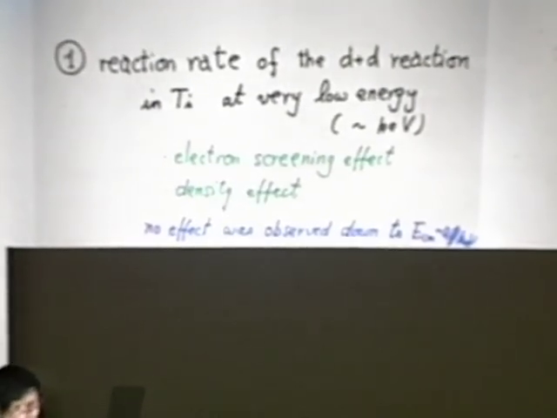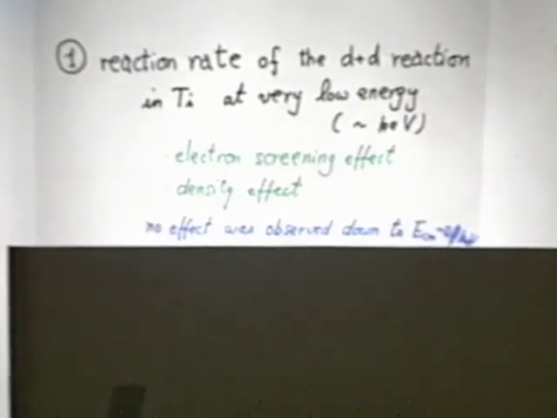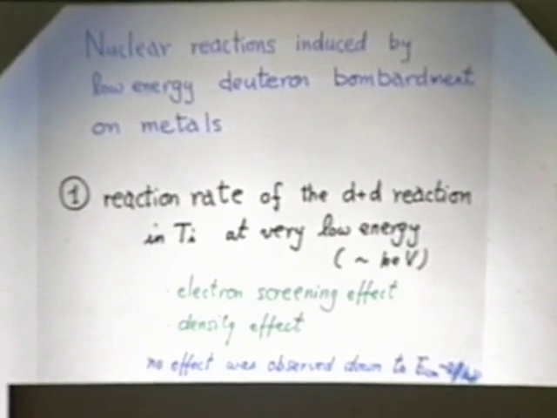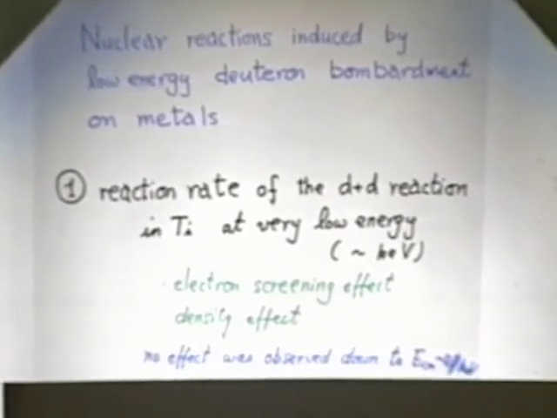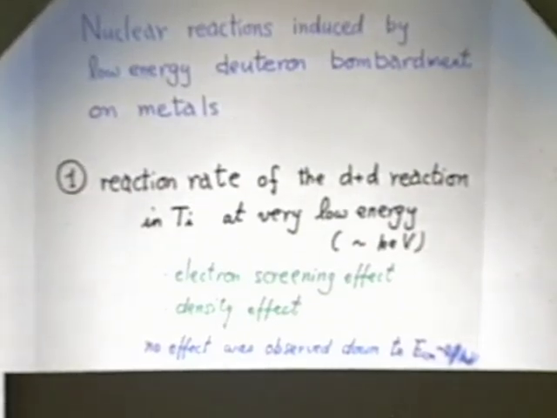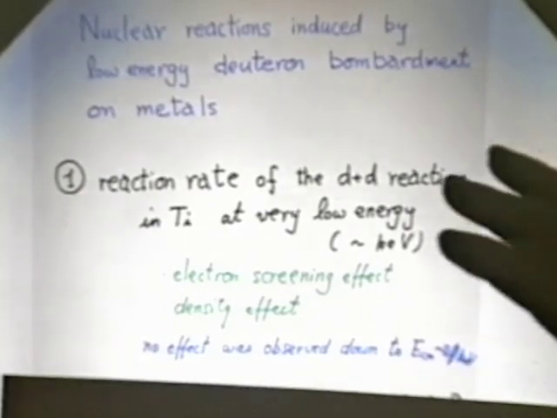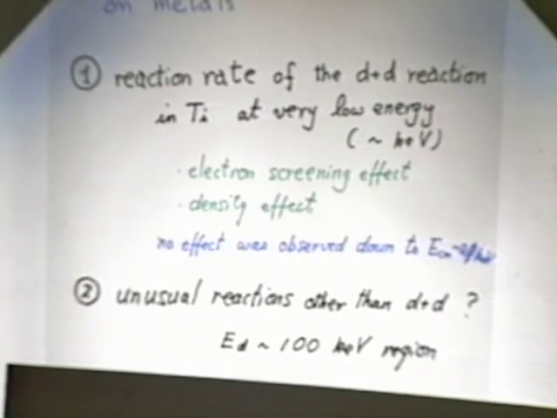And for example, if we lower the incident energy, of course we can expect that the electron screening effect cannot be neglected, and also the neutron density effect might be other than usual D plus D reaction in the metals.